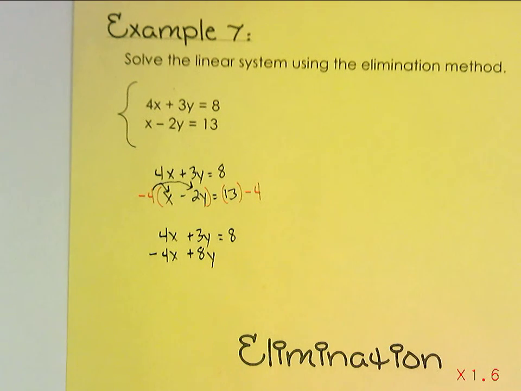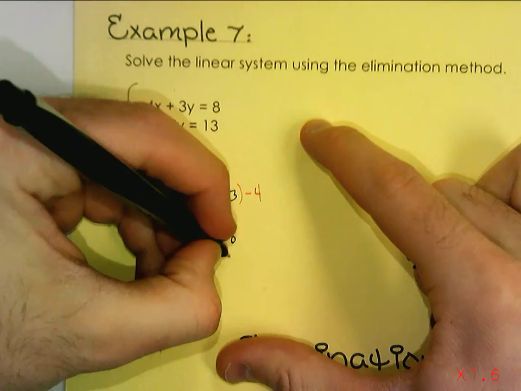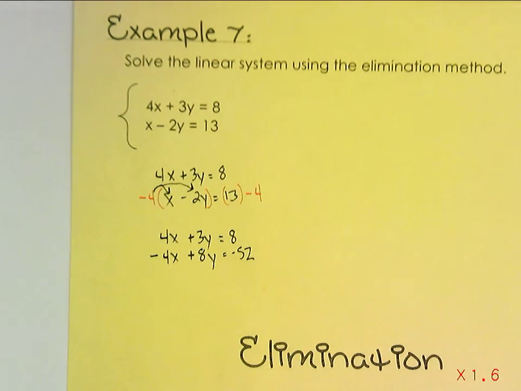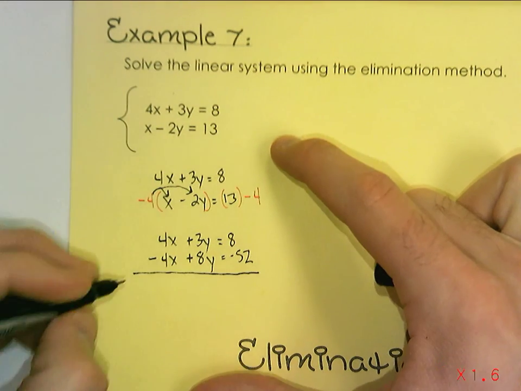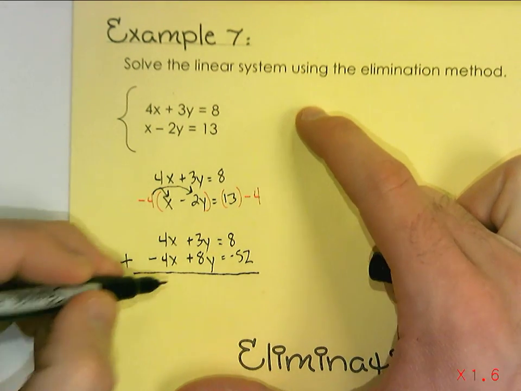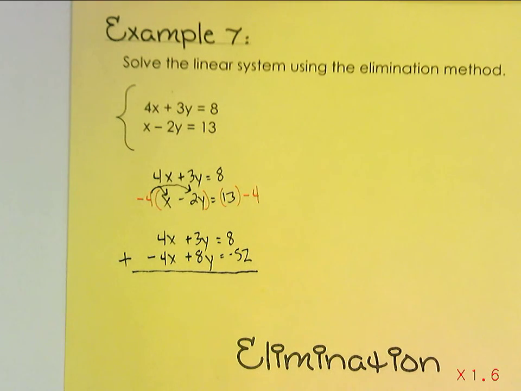And then 13 times negative 4 is negative 52, I think. Yeah, negative 52. So now we can do elimination here because our 4's will cancel, and we're going to use elimination using addition. Because if I do 4 plus negative 4, I get 0. So we don't have to write that.